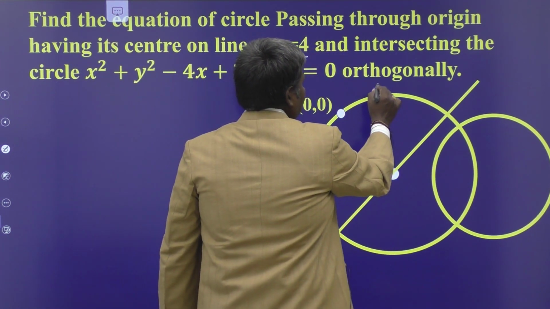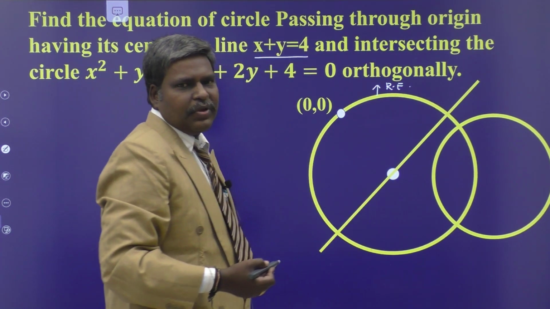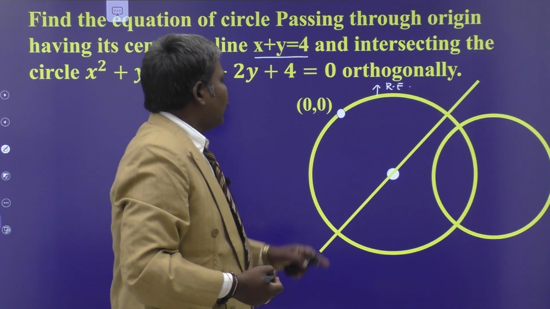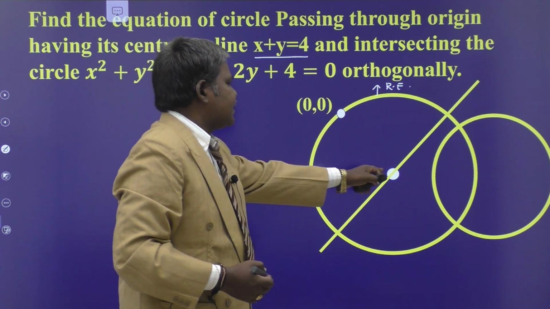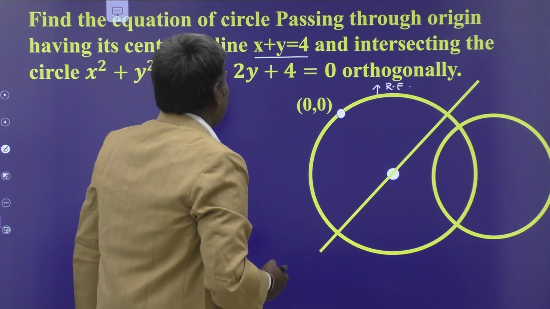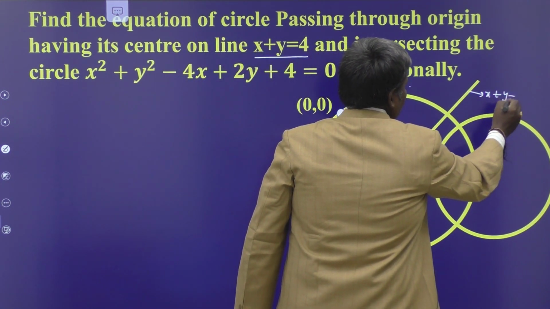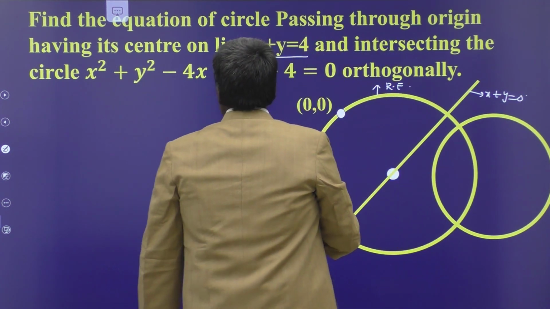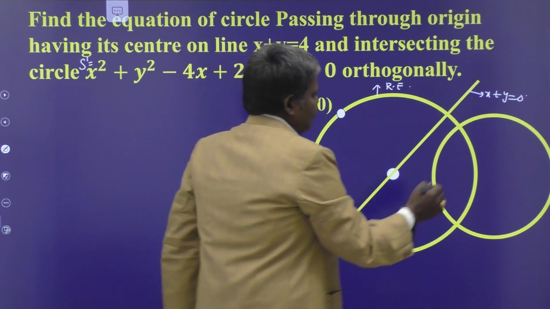This is your required equation. This is your required circle. You are going to find out the equation of circle. What is the role of the circle? The circle passing through origin and its center lies on this line. What is the line? X plus y is equal to 4 and cutting orthogonally the some circles S dash is equal to 0. This is your S dash.